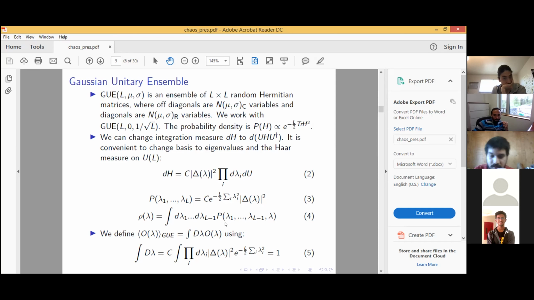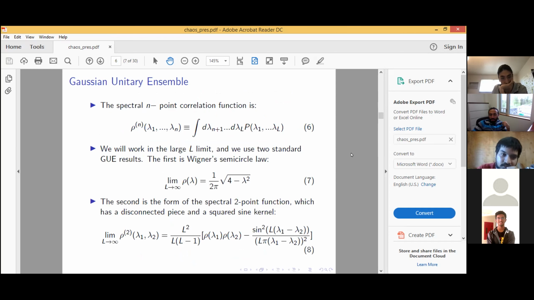So that is just the joint probability distribution integrated over the other L minus 1 eigenvalues. And here we define a simplified measure d lambda, in which we absorb all the other factors, and that allows us to define the ensemble average of a certain operator O. So O(lambda), its ensemble average over the GUE, is defined to be the integral of d lambda O(lambda), where d lambda is the simplified measure.